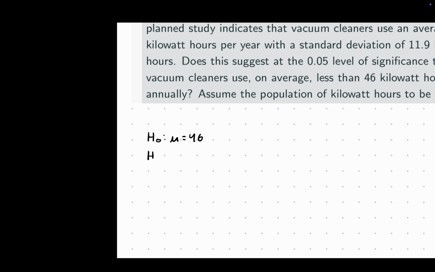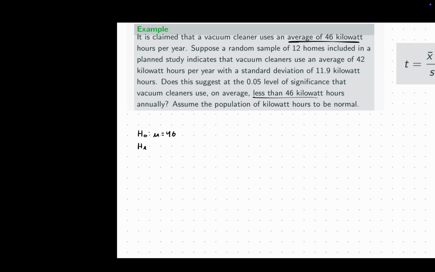And then HA, since we're looking for if it's less than 46 kilowatt hours, our mean is less than 46. And then we were given our significance value here, so that's 0.05.